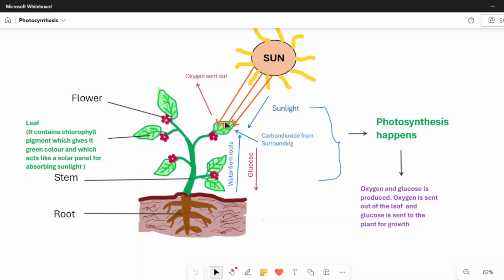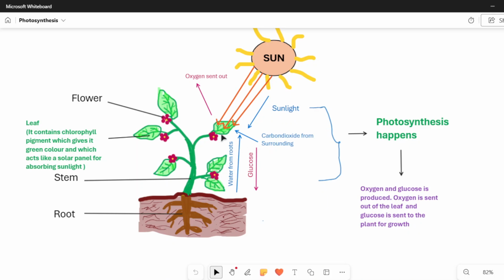So it uses carbon dioxide from the surroundings. Then the leaf absorbs water from the roots. The water enters the stem, then it enters this petiole, and then it enters the leaves. And the sunlight directly falls on the surface of the leaf.